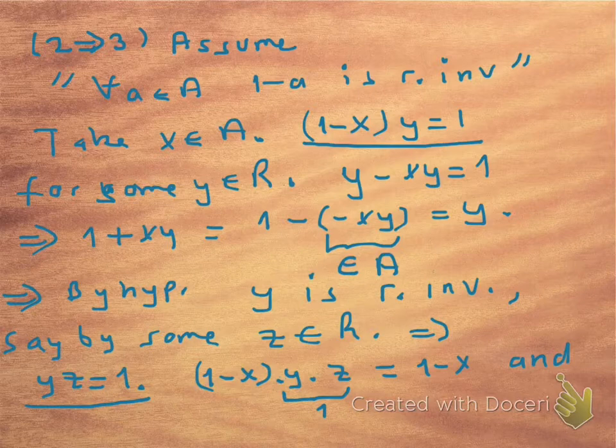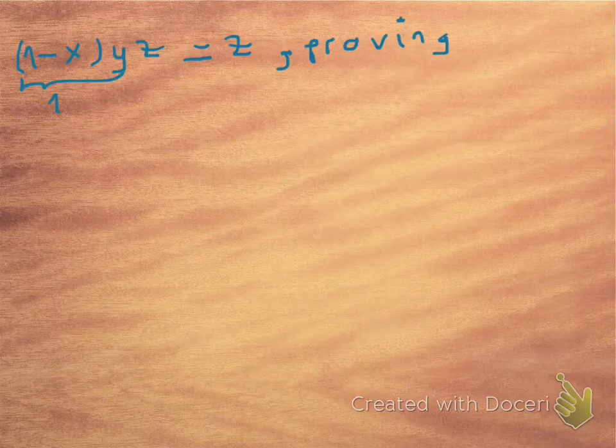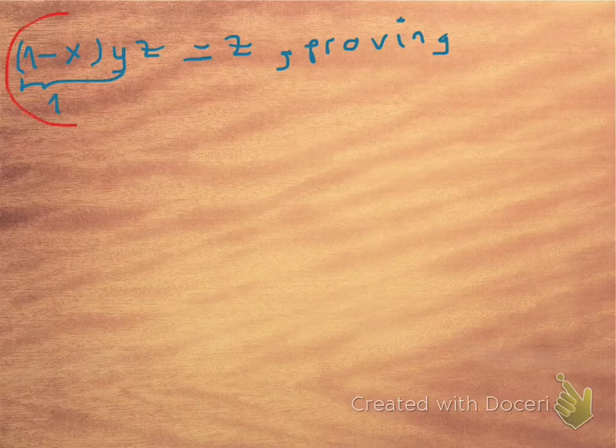Well, by hypothesis, y is right invertible, as I said, say by some z, which means there's an element z such that yz is equal to 1. Now, if you multiply all three elements, 1 minus x, y, and z at once, first it's going to give you 1 minus x because yz is equal to 1. And then next, it's going to give you z, because (1 minus x)yz is equal to z.